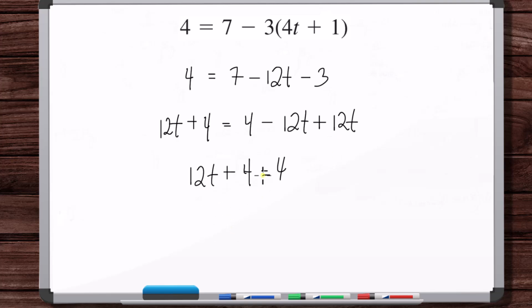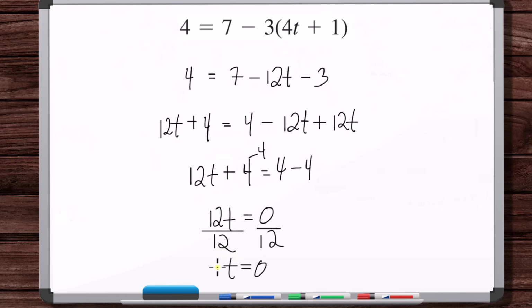Now let's subtract 4 from both sides. So we've got 12t, and 4 minus 4 is 0, but we've got 0 on both sides. Now let's divide both sides by 12, and we get that t is equal to 0.